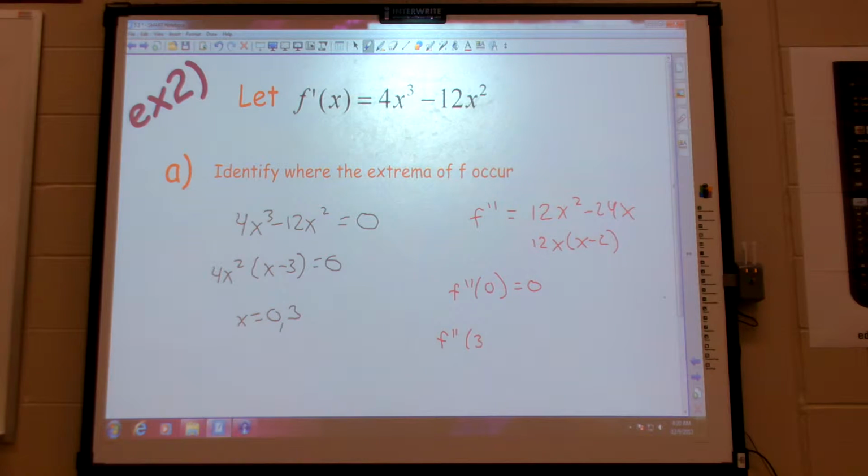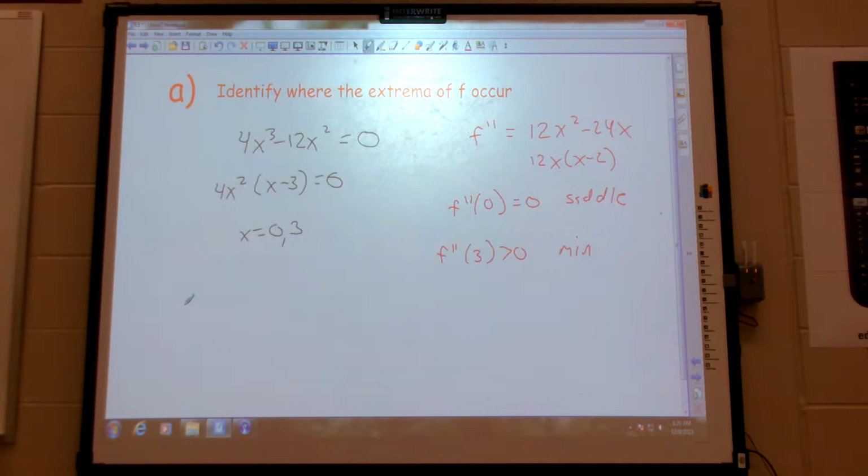F double prime of 3 is positive. So if it's positive, it's a min. What's going on at 0? Saddle.